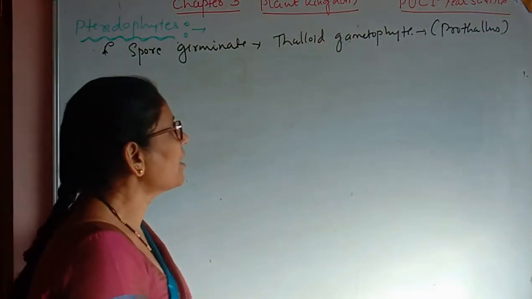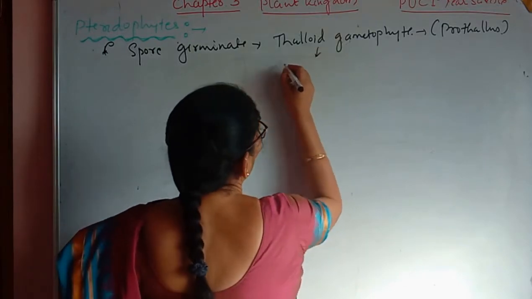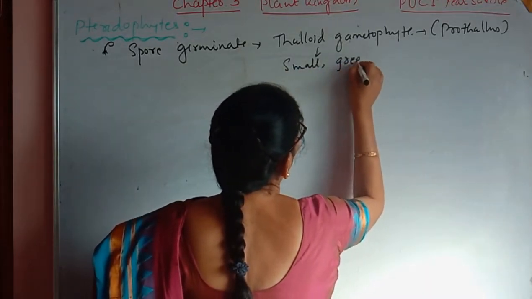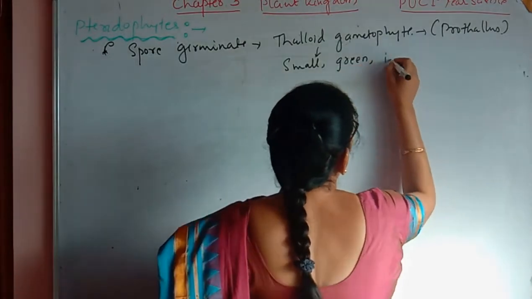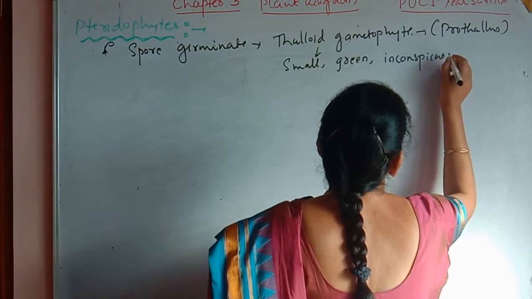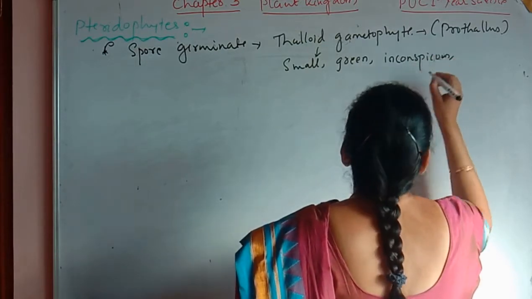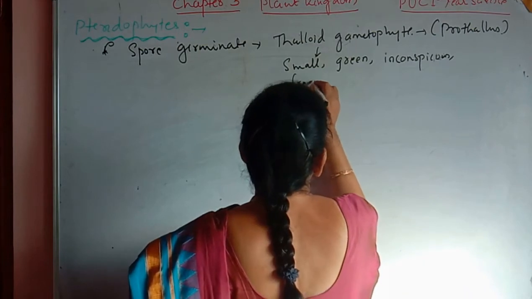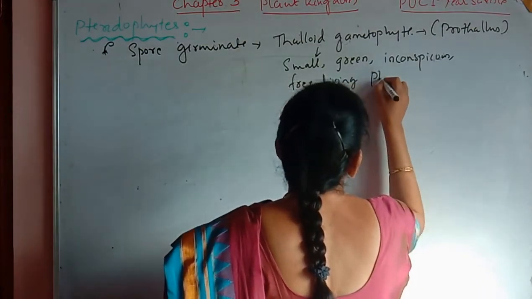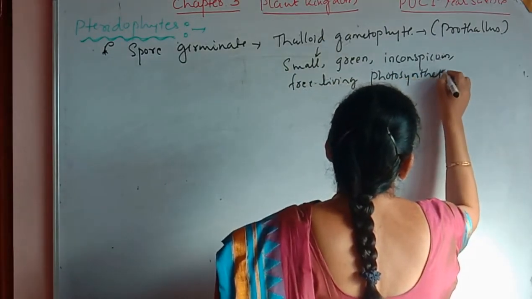So this prothallus or thalloid gametophyte is small, green, inconspicuous, free-living, photosynthetic.